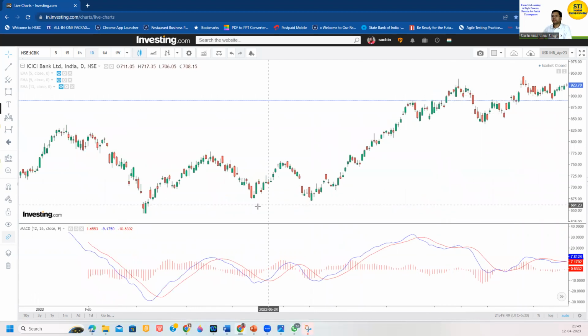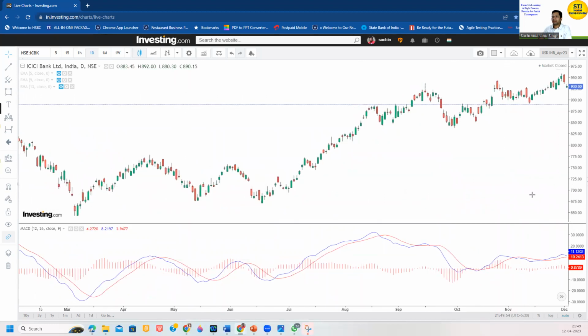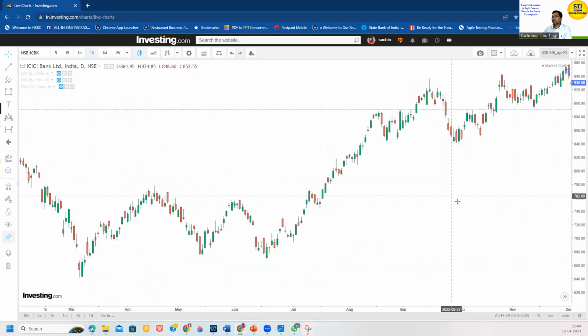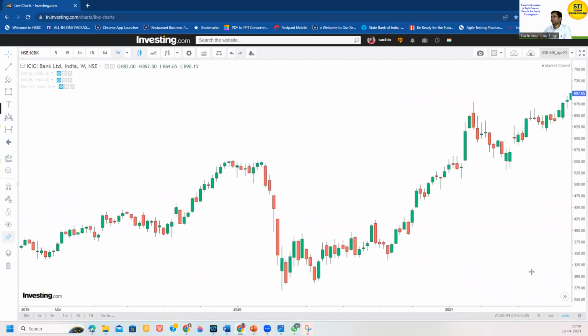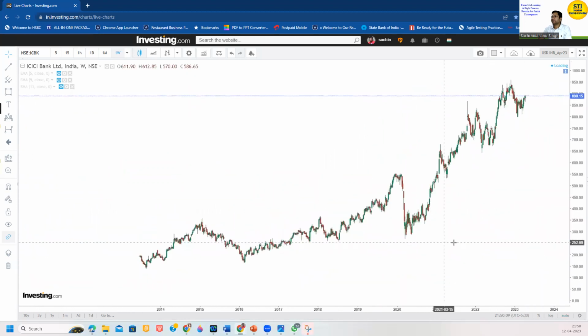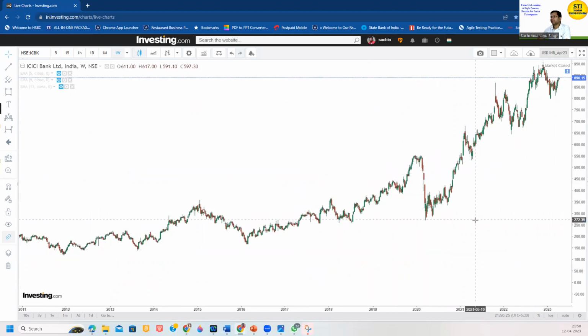Okay. So how to use them, as we were discussing in the theory. Look at this complete chart. This is largely the detailed history of ICICI Bank. Mostly, if you see, the trend is in an upward direction. That is the outperformer. And in between, there are some dips also.